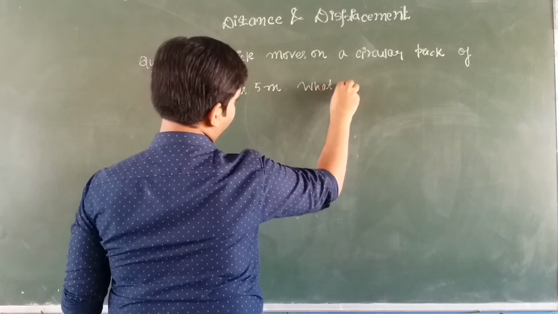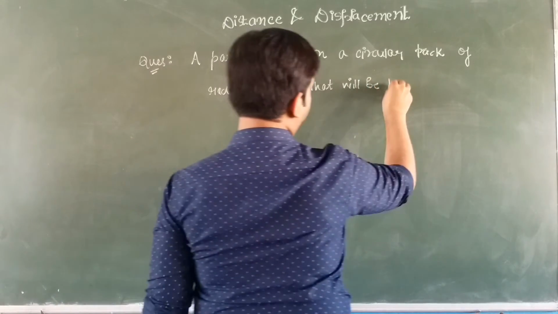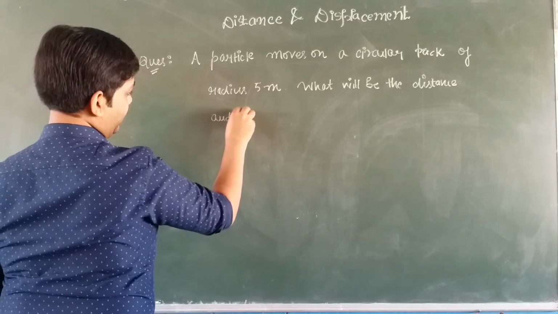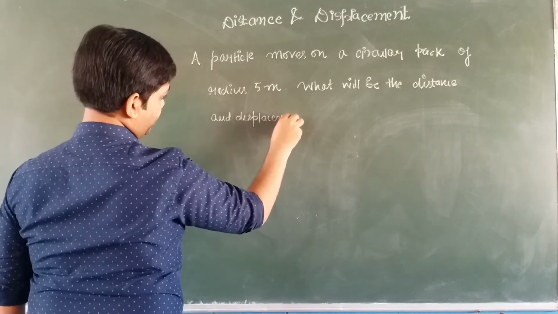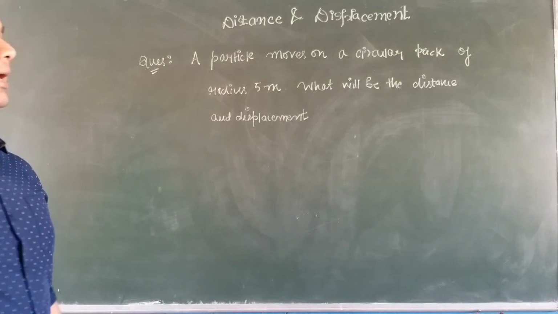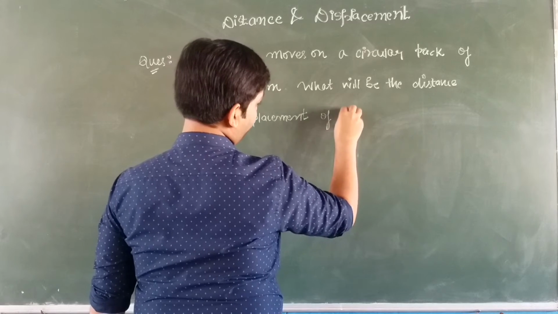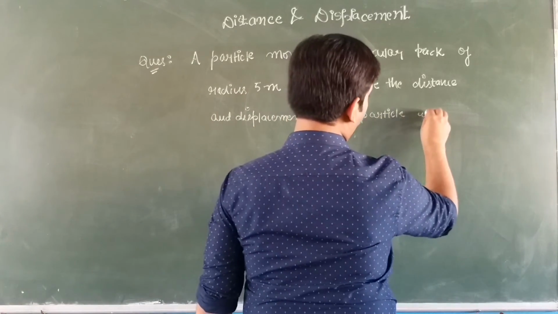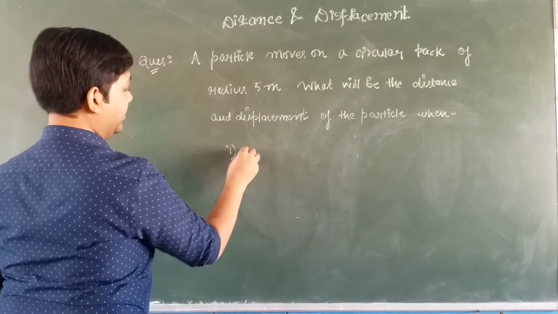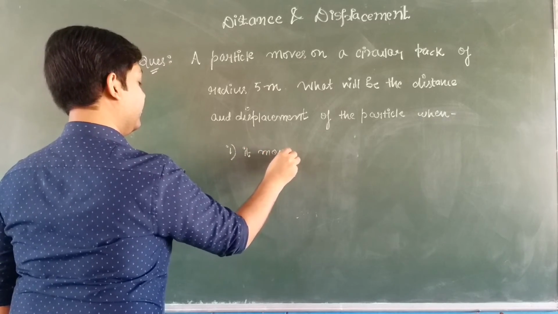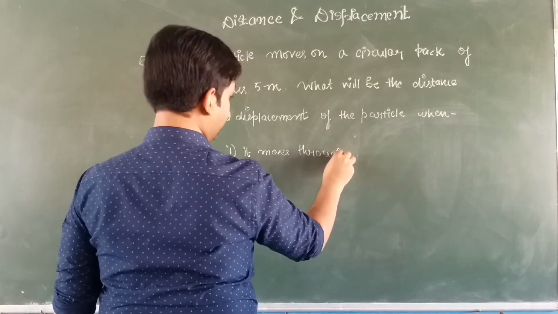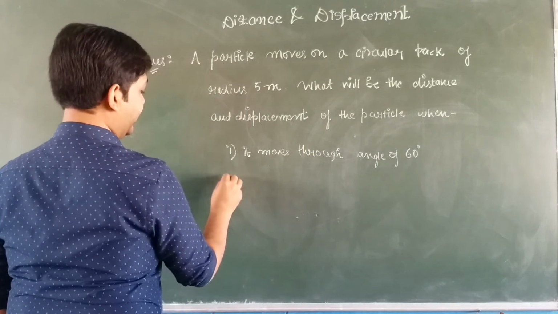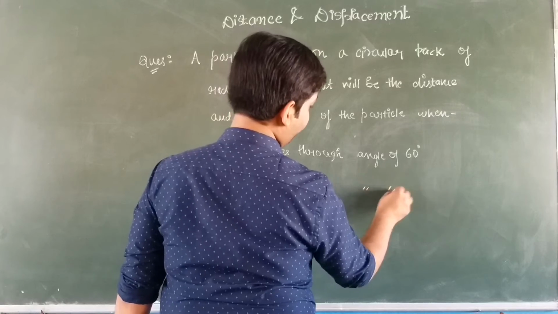What will be the distance and displacement of the particle when it moves through an angle of 60 degree, second when it moves through an angle of 90 degree.